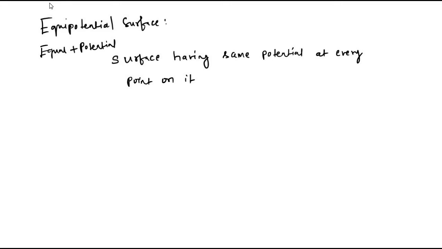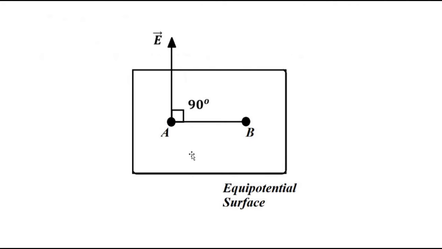So let us say we have a surface here which is an equipotential surface. Let there be 2 points A and B. If it is an equipotential surface, then the potential at A is equal to the potential at B, which means the potential difference between A and B, VAB, which is VA minus VB, is equal to 0 volt.